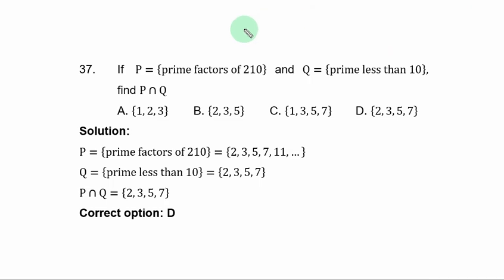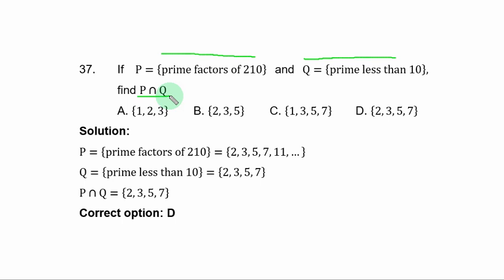Question 37. If set P is equal to prime factors of 210 and Q equal to primes less than 10, find P intersection Q. Looking at Q alone, you don't need to do much because prime numbers less than 10 are also factors of 210.